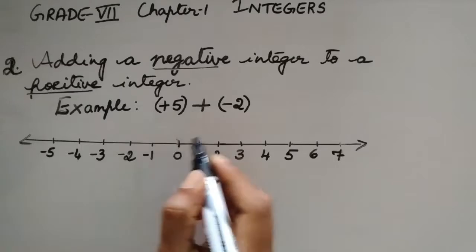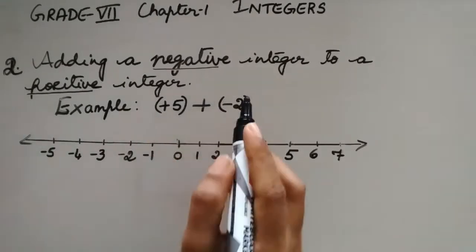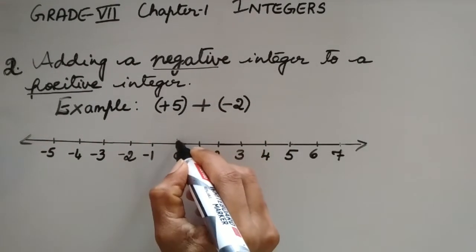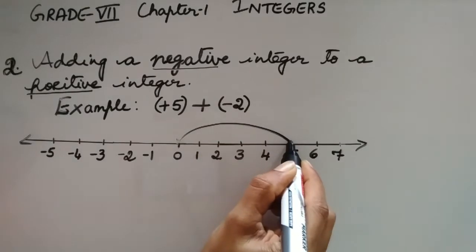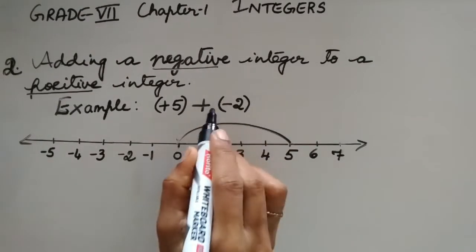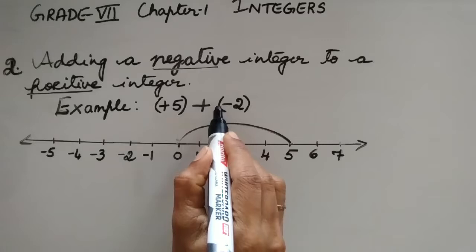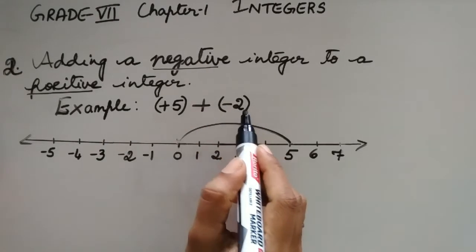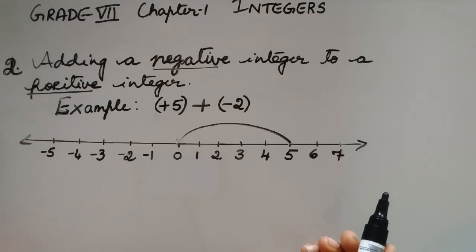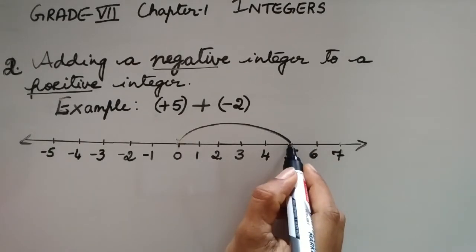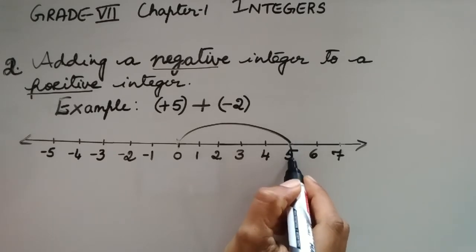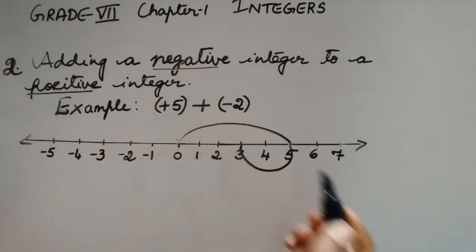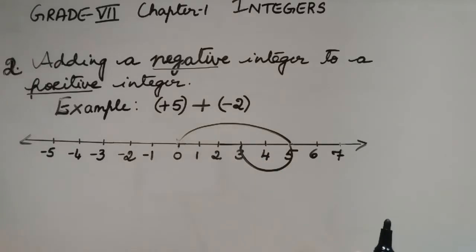That is, first let us move to 5. And then since we have to add minus 2, that is a negative number, we need to move 2 steps to the left. That is here, 1 step and 2 steps.